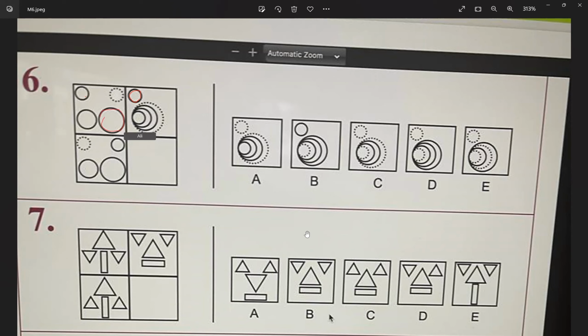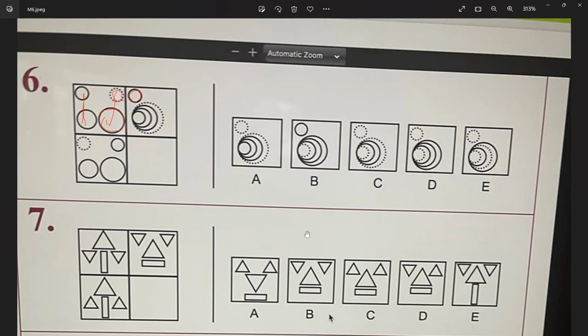The biggest one turns dashed, and then the smallest one will turn solid. And then the two here. So you can say this row stays the same, and then this row becomes different. So use the same rule here.